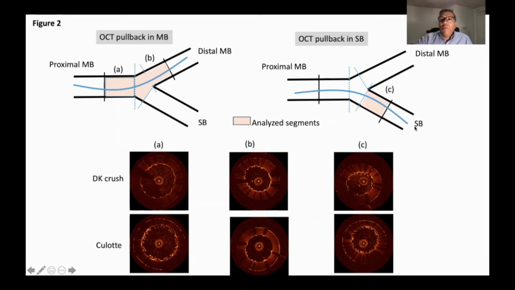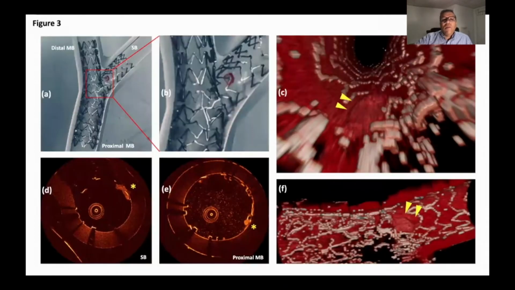Then a second pullback coming from the side branch, and then imaging these portions. The ones that we have eventually analyzed are shown in this color, and it can be seen here at the bottom of this slide.